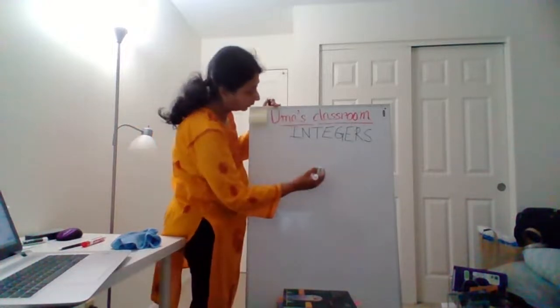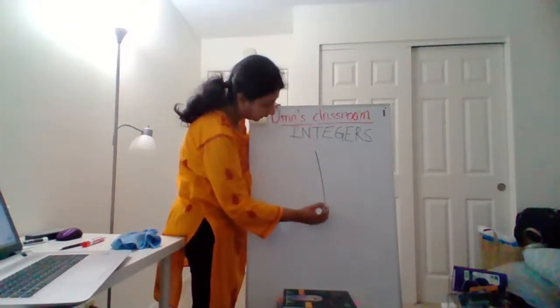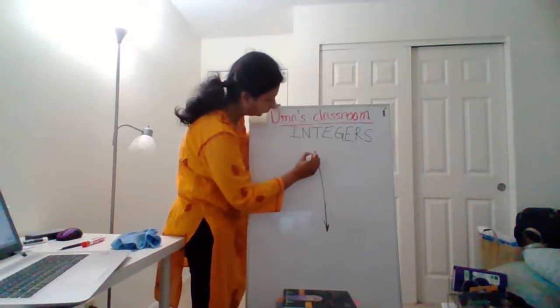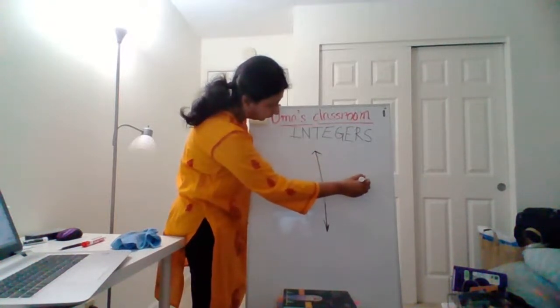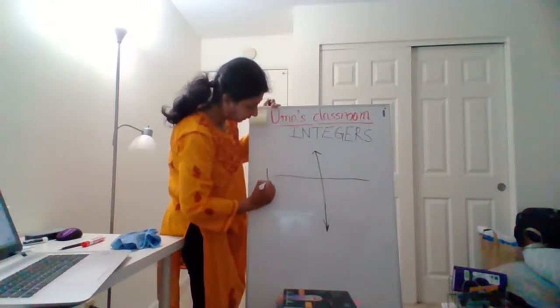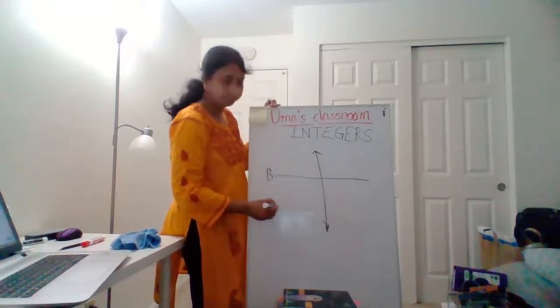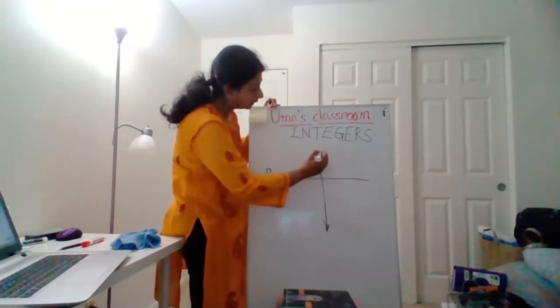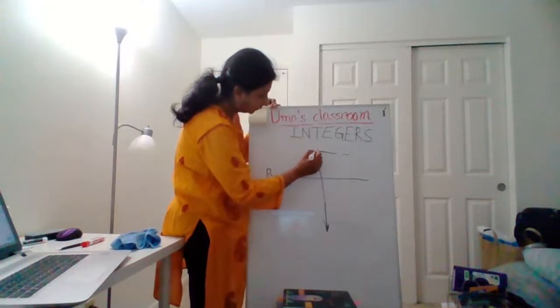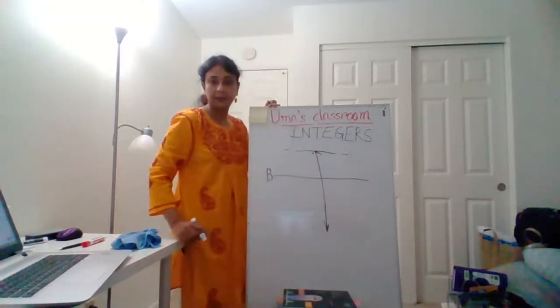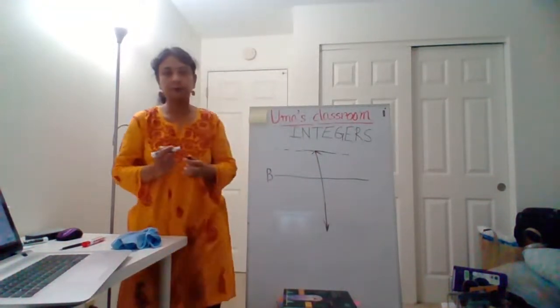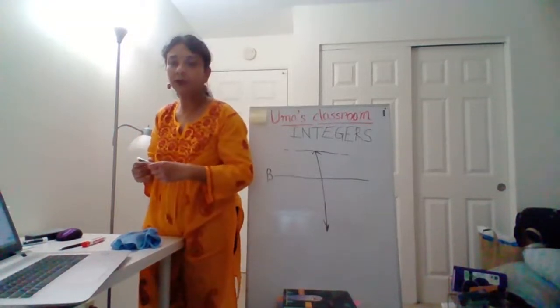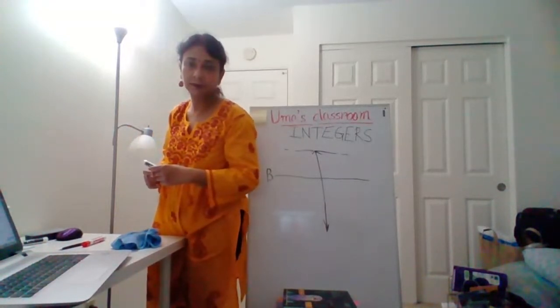Vertical distance. So it is going to be like this. Suppose this is the bridge B and Mr. X is on the bridge. Now, how would you calculate?